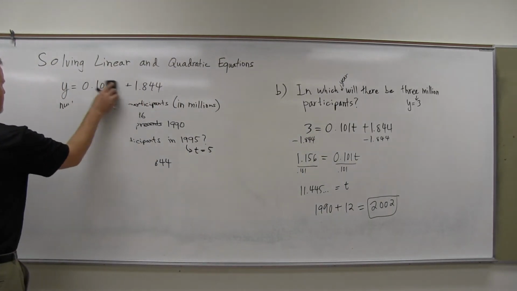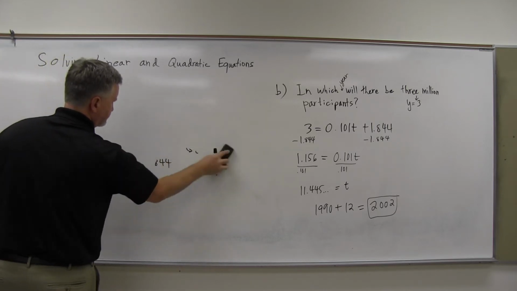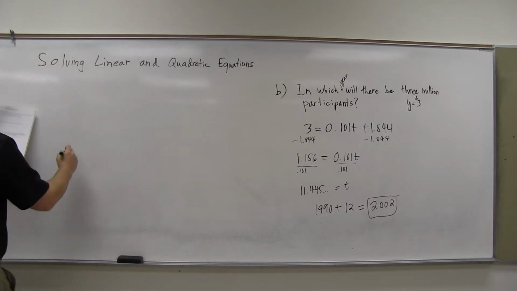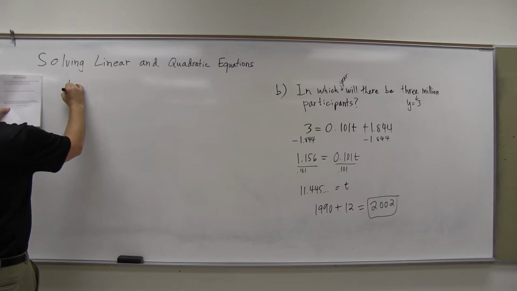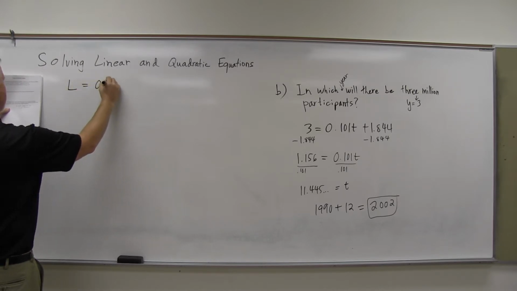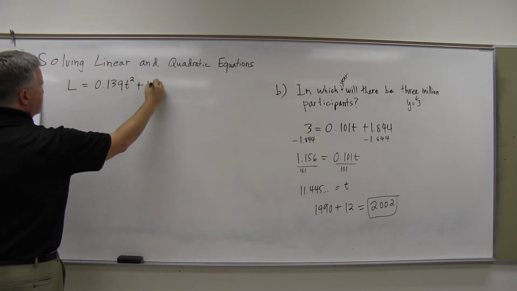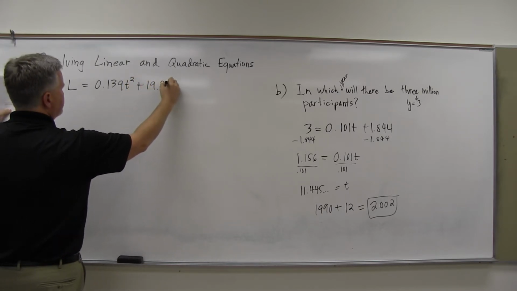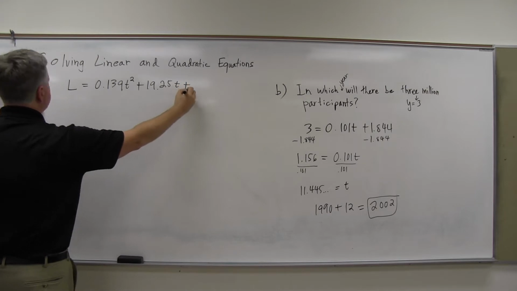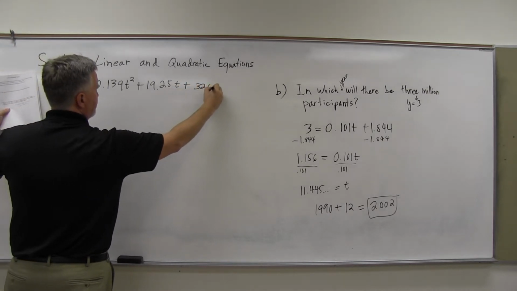Well, let's look at one more model, and then I'll be done. L equals 0.0139t squared plus 19.25t plus 326.5.